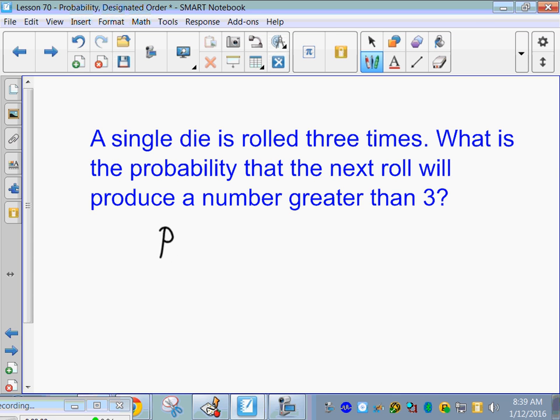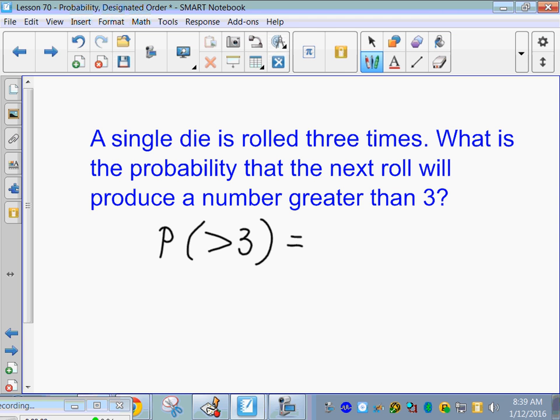So when you set up your probability, I want to see, you can write it like this. Probability of getting a number greater than 3. So a dice has how many sides? 6. And so we have the numbers 1, 2, 3, 4, 5, 6. So which numbers are greater than 3? 4, 5, 6.